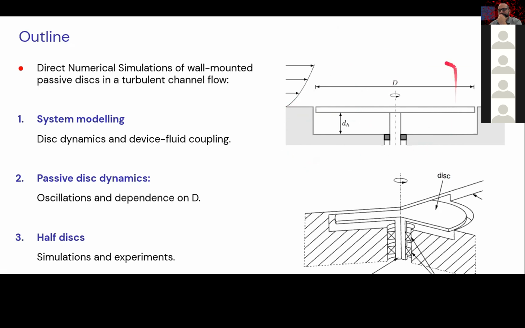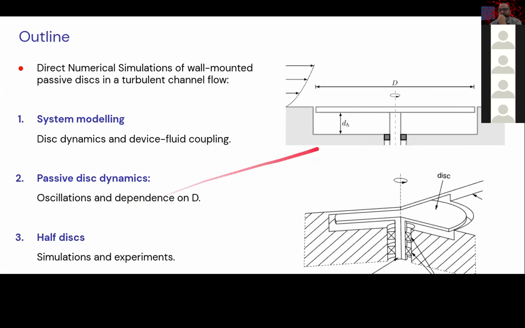This is actually our setup, and we will first review the modeling of the system and how we are going to couple the disk dynamics to the numerical simulation of the flow. Then we're going to share some results on the passive oscillations of disks like this under a turbulent flow.